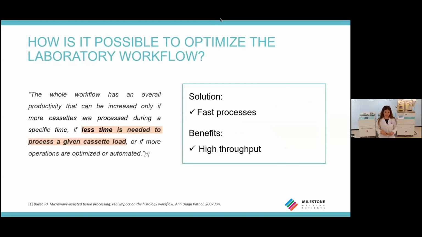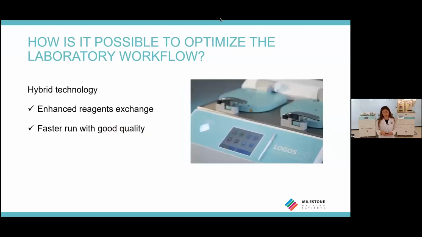Going on with the sentences of the article, the second one is less time needed to process a cassette. In this case, what I need is a faster process with, again, positive consequences on the number of cassettes that a lab is able to do. And this fast process has to be supported by the appropriate technology.